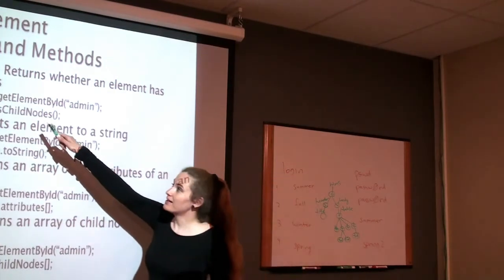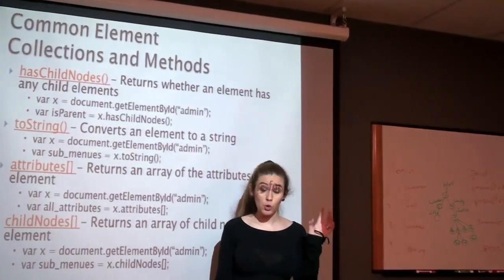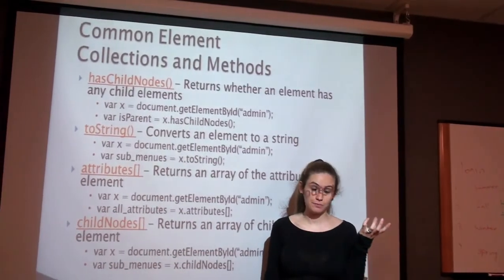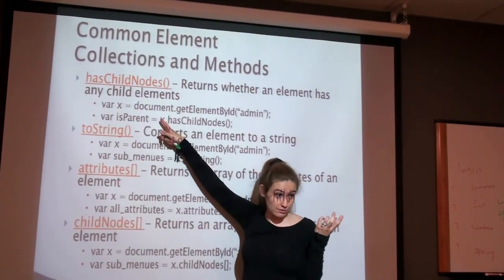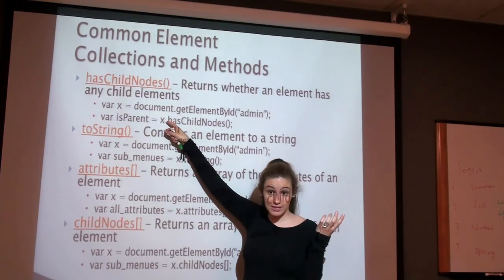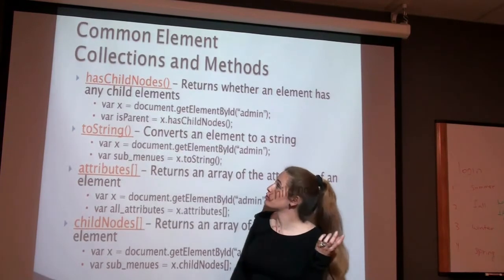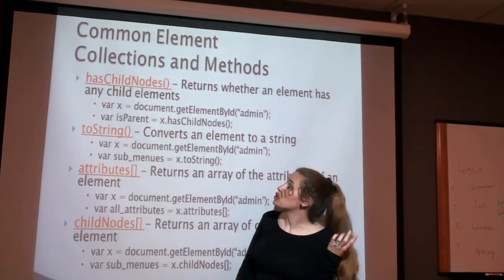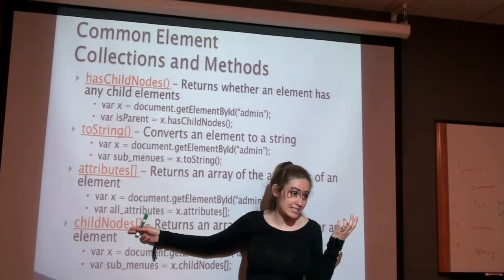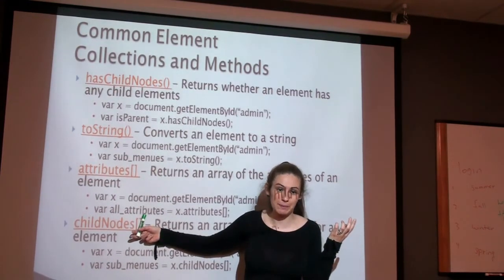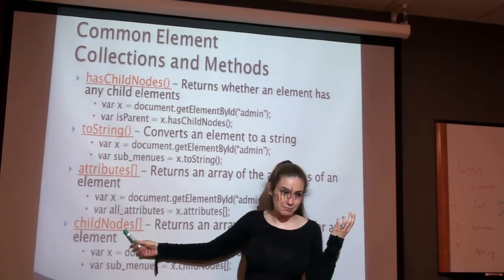So if I'm holding a node, I'm holding a reference to a node. That means I'm holding a reference to some kind of object on the page. I can ask it, do you have children? Right? And it's going to tell me yes or no. It's a Boolean. So before I actually get the child nodes, because if I say get children and it has no children, it's going to blow up on me, I can say if you have children, get me all your children.